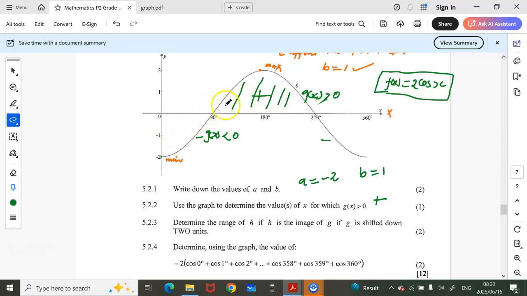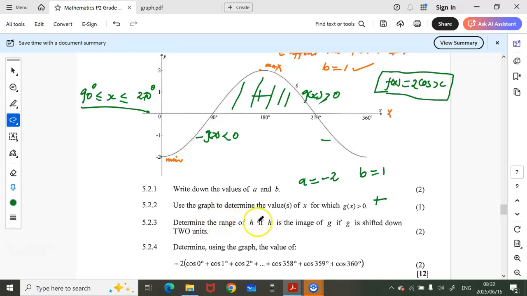So it happens between 90 degrees and 270. How do we write this in inequality form? You can say 90 degrees is less than or equal to x, and x is less than or equal to 270. And that is the answer where g of x is greater than 0. I hope it's clear, people. Let's continue to the next question.